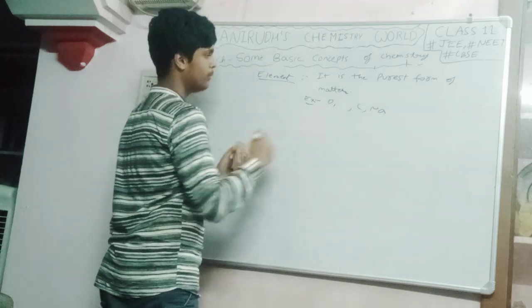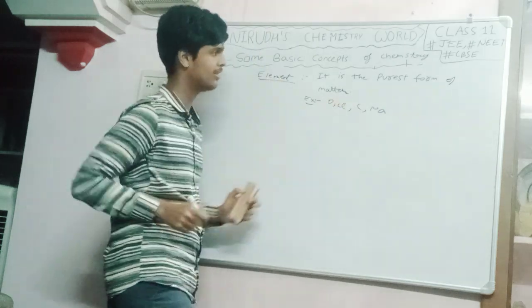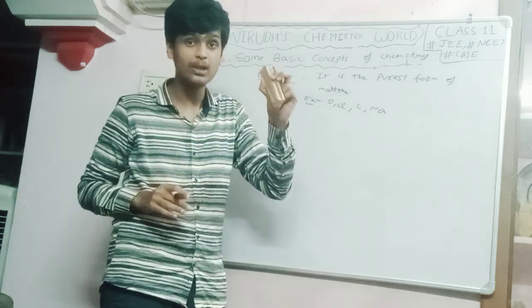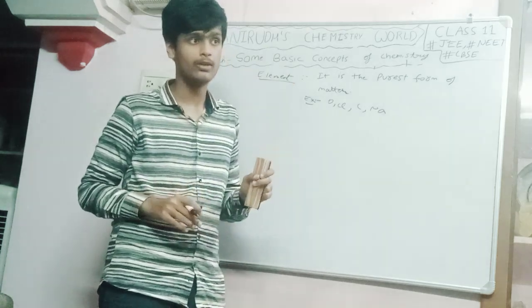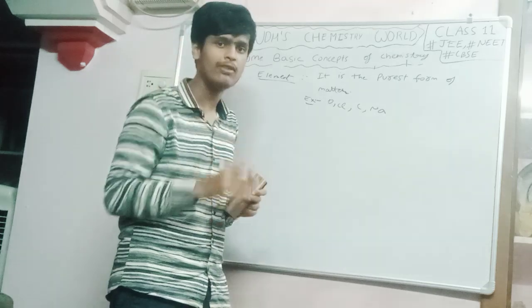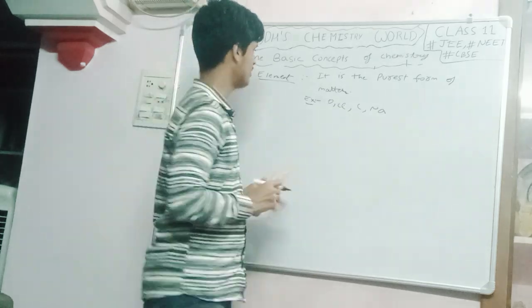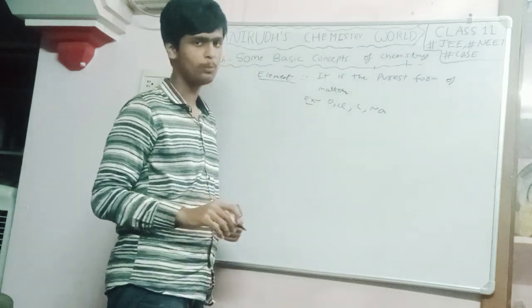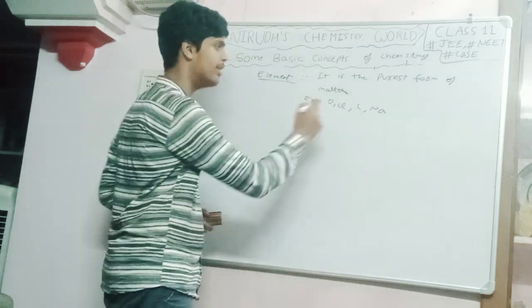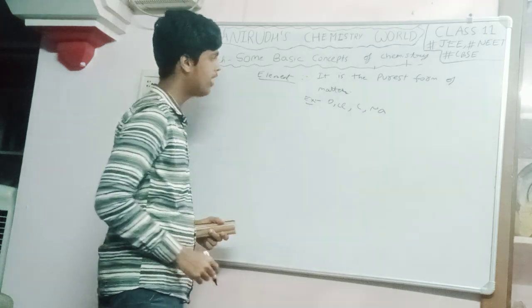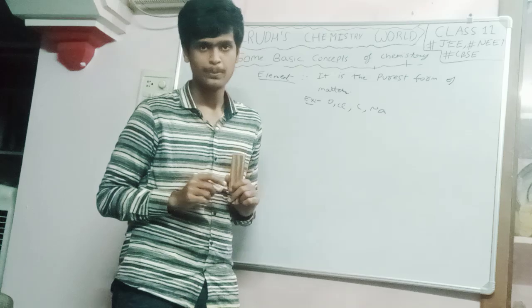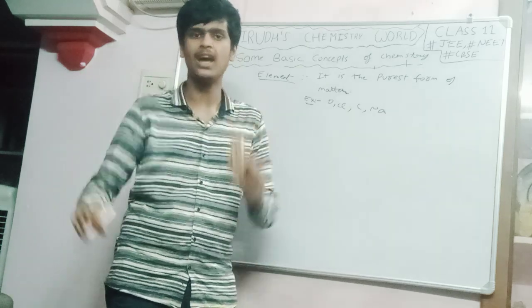But among these, only some are naturally available in the pure form in nature. Oxygen and chlorine cannot be obtained as nascent O and Cl. But I am telling you, an element is the purest form of matter, meaning it is not mixed with any other element.